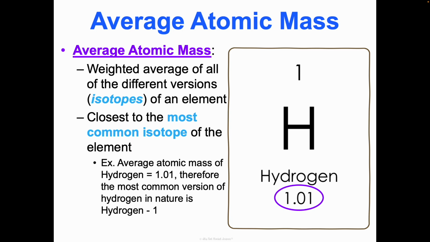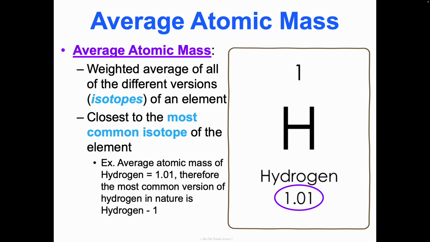So for example, if you look at silver, Ag, on the periodic table, it has an average atomic mass of 107.87. That would round up to 108. So according to this principle, you would then assume that the most common isotope of silver in nature is silver 108, when in actuality, that is not the case.